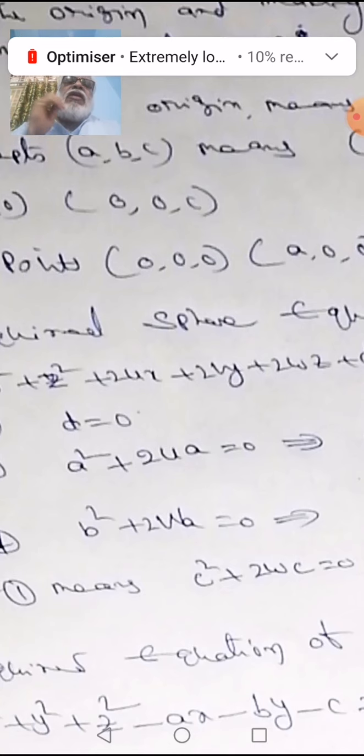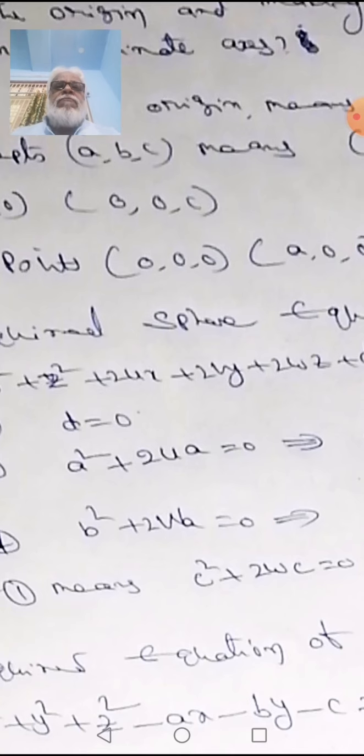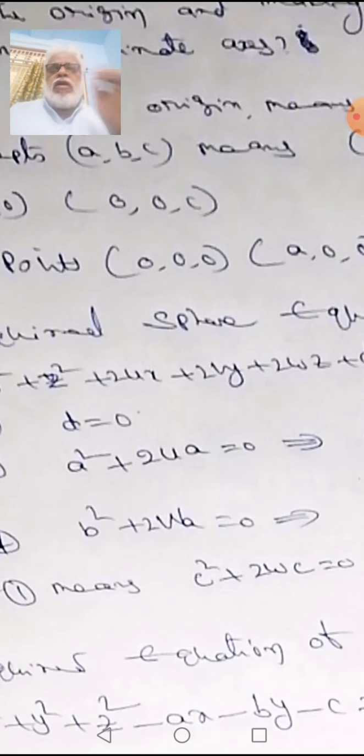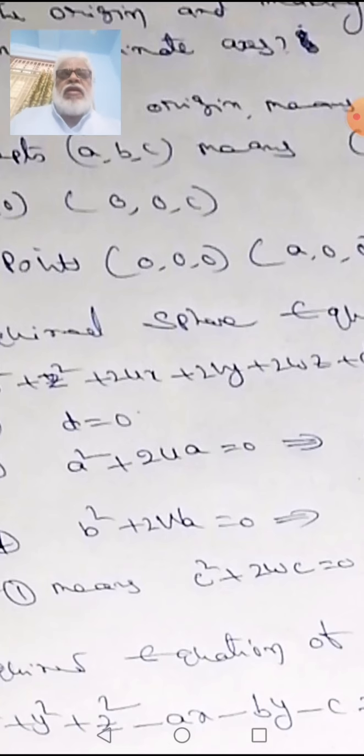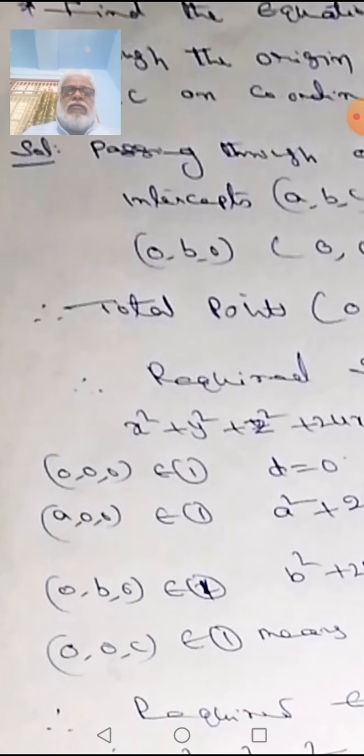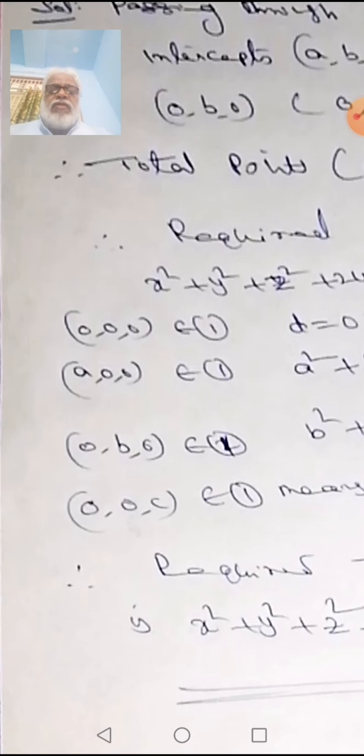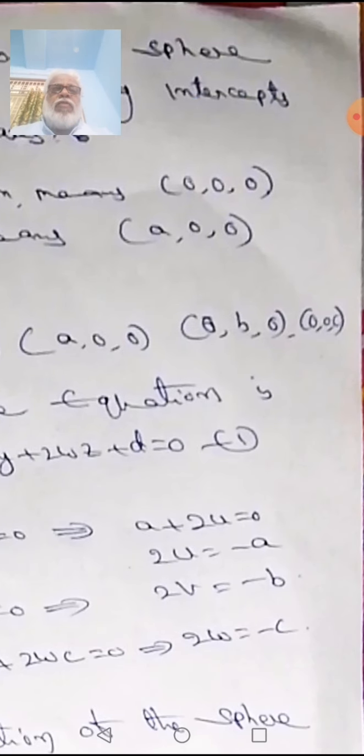In intermediate there is the topic of circles. The basis of spheres is circles. A circle is in 2 dimensions and a sphere is in 3 dimensions. So by this, these problems and more problems are there.